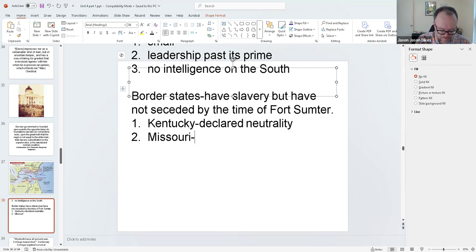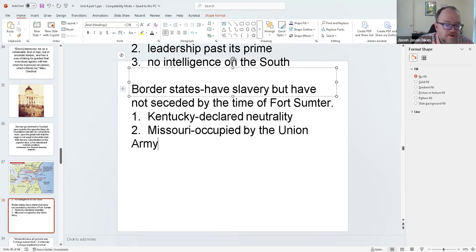Missouri wanted to leave, but it'll be occupied by the Union Army in order to prevent that. And Missouri will become, you remember what Kansas was with guerrilla warfare and the insurgency and the butchery.